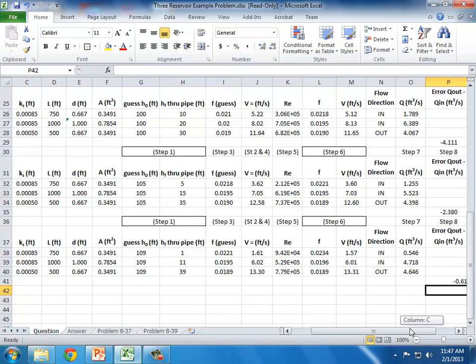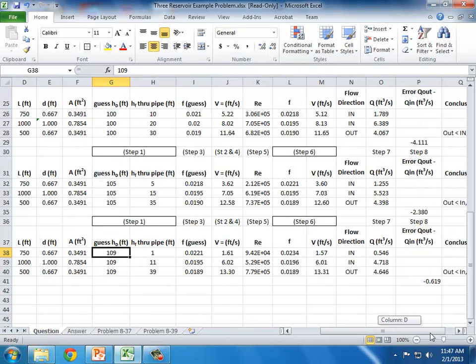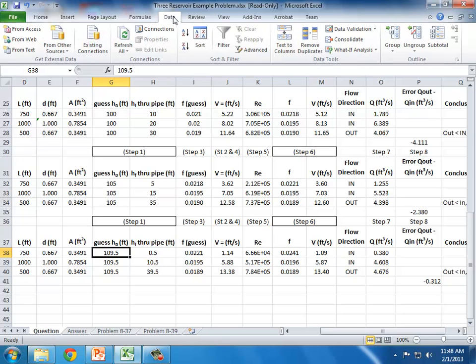At this point, we can just sort of play around with our guess value here until we notice that it goes to 0. So what about 109.1? 109.2? Is there a faster way than doing this? We can do goal seek, right? Let's see if we try firing up goal seek.